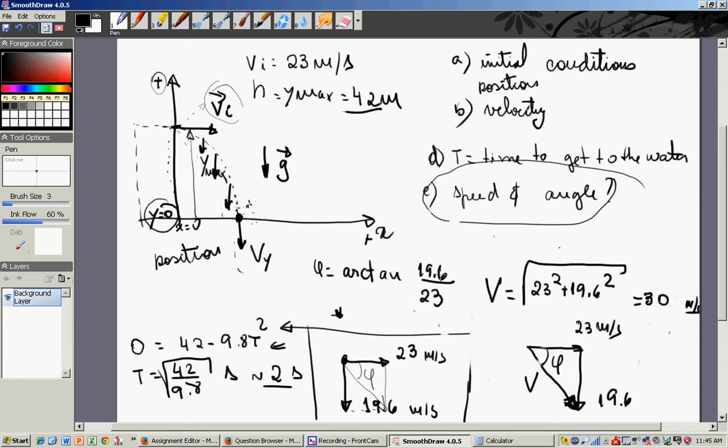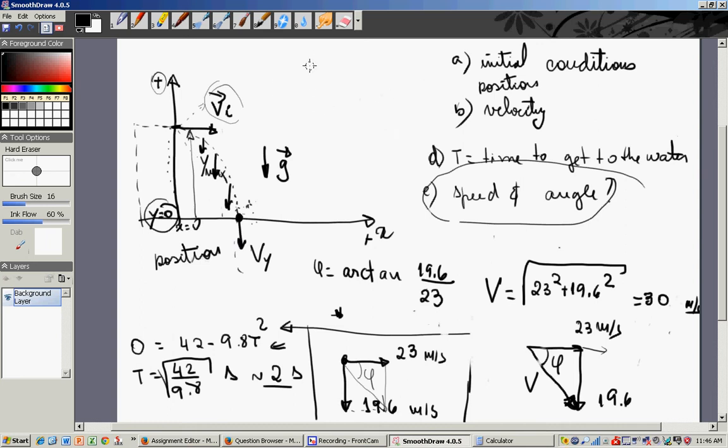And how do we find the angle? How do we find this angle here? Well, this angle phi is an angle whose arc tangent is equal to 19.6 divided by 23, right?